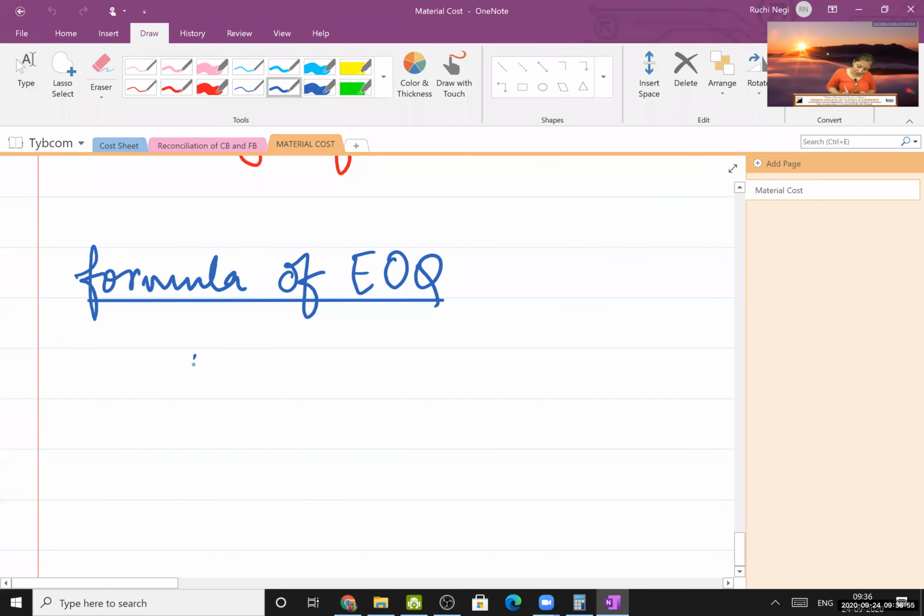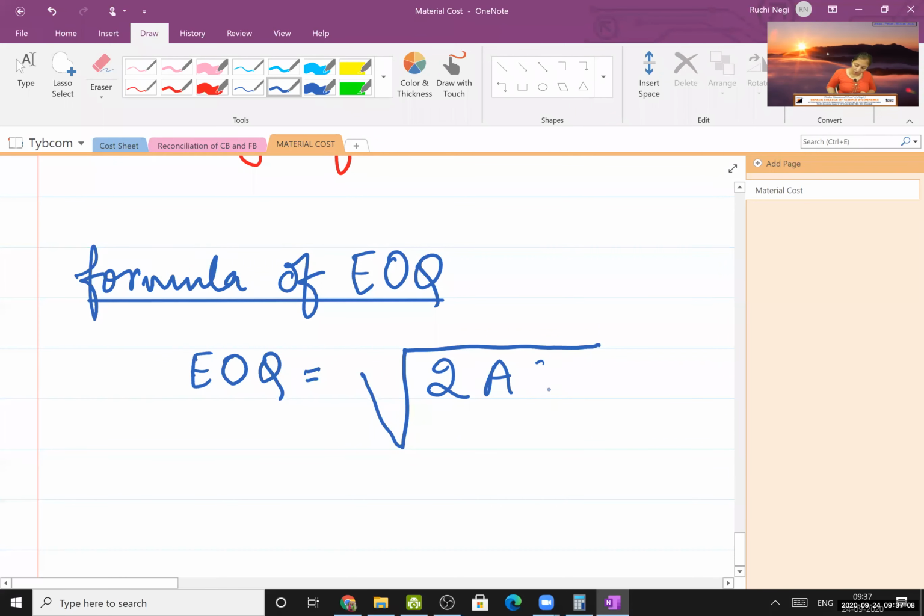EOQ formula is written: EOQ is equal to square root of 2AO upon C. Yeah, 2AO upon C.